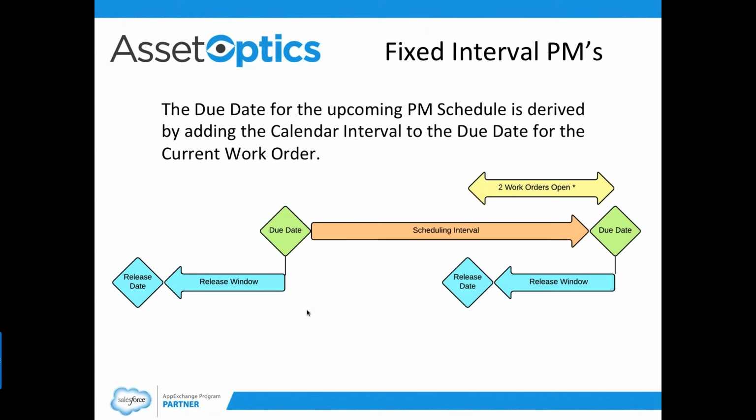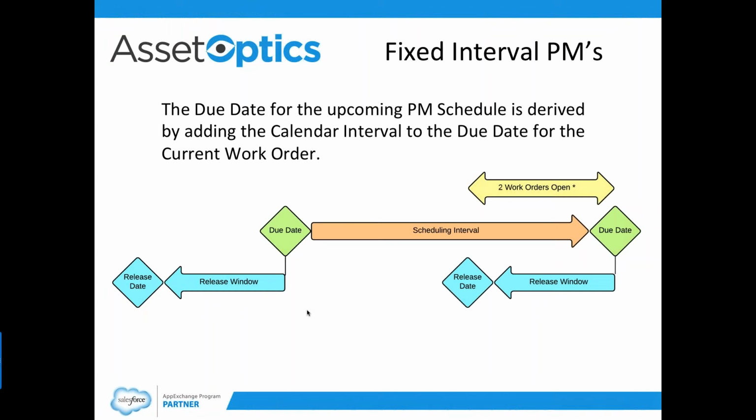Now, fixed interval PM schedules. It is very important to understand the difference in the scheduling logic between fixed and floating, because that determines which ones you apply to your specific business problem.